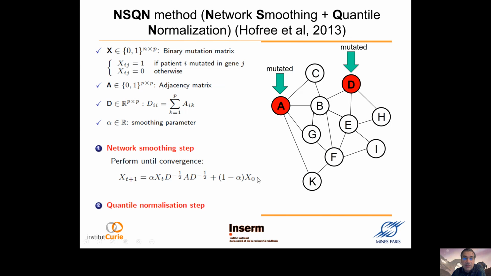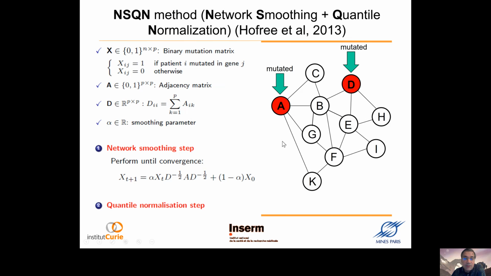Then the whole idea is that you describe your mutational profile by the vector x0. This is a binary vector which has ones at those nodes of the network which are mutated in a given patient.